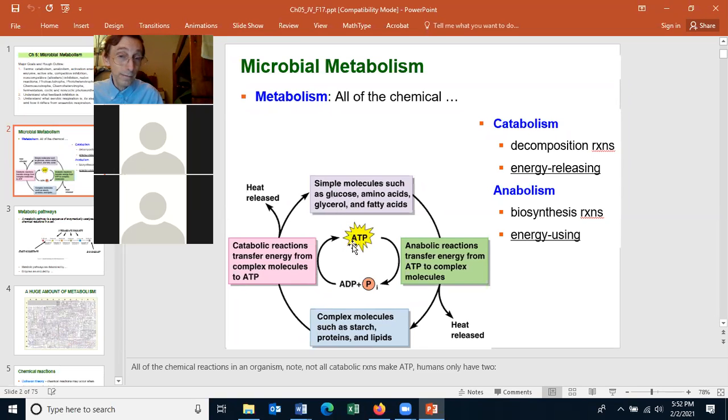Any question there? The only way you can make ATP is from glycolysis or from aerobic respiration. All other chemical reactions that you do in your cell that are catabolic do not generate ATP.